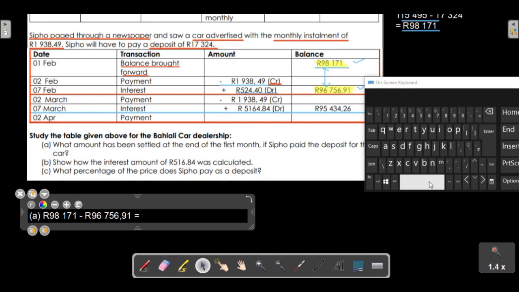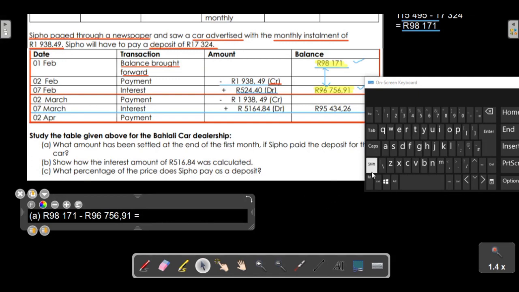Let's put that on the calculator: 98,171 minus 96,756.91.